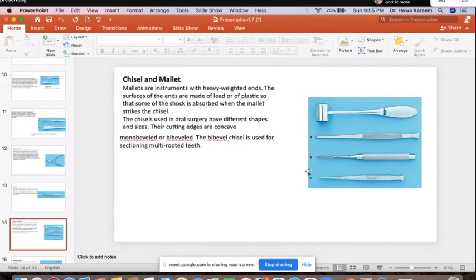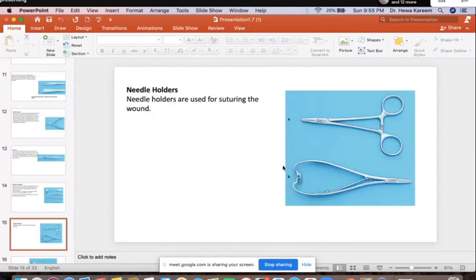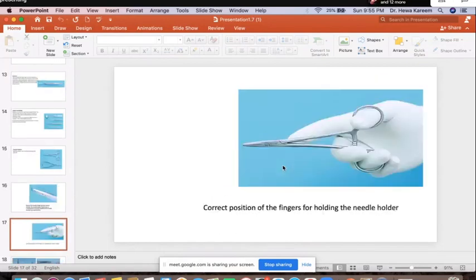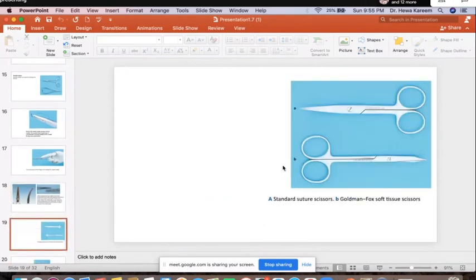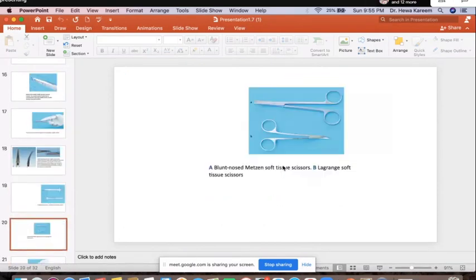Chisel is used for sectioning the tooth. This is needle holder for suturing. Scissors for cutting the suture.